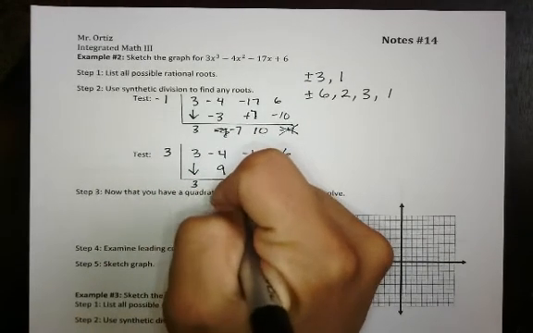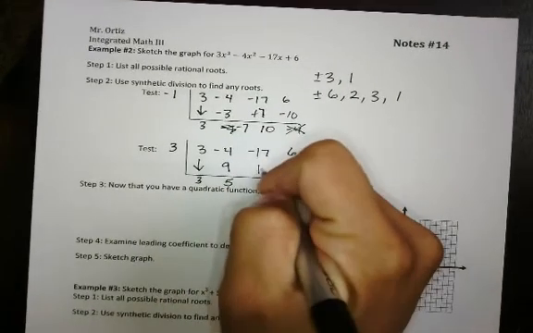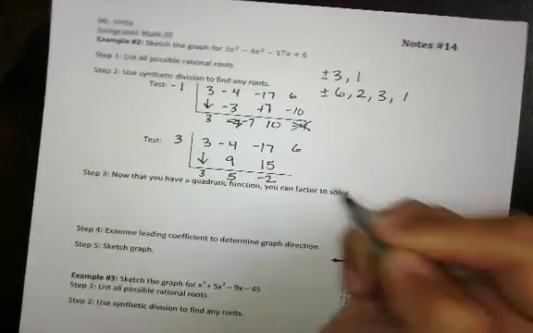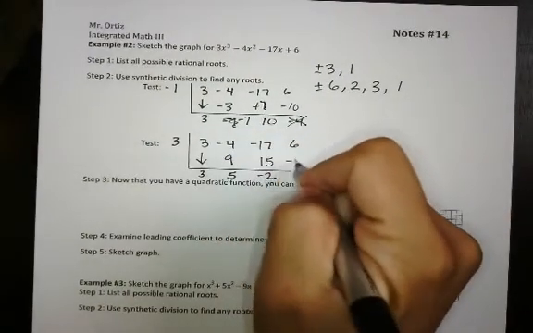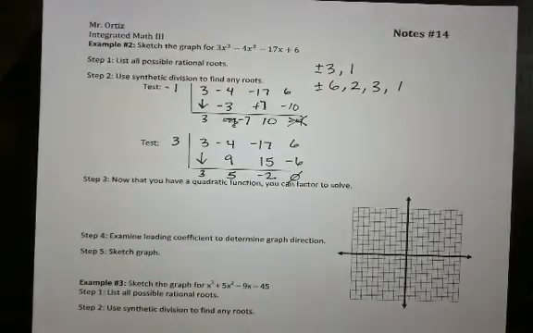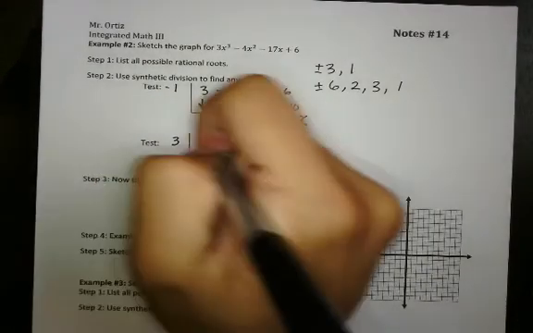So we have 3, -4, -17. And this is all a part of the process as well. We definitely want to try and see what works, what doesn't work. And sometimes it does take more than once or twice, 3 times.